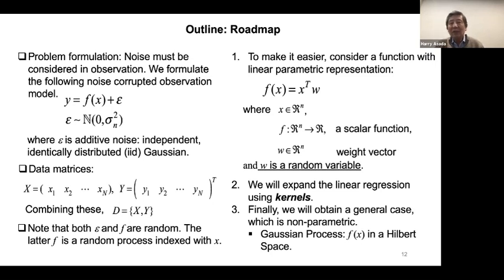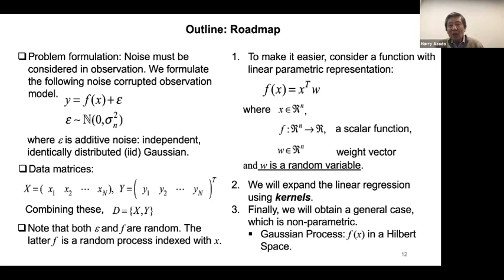So we can replace x x transpose and something similar to that by kernels. We studied kernels last time, right? A very powerful tool. Sometimes it expands the original input space X to an infinite dimensional feature space.